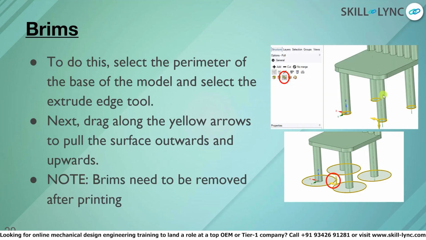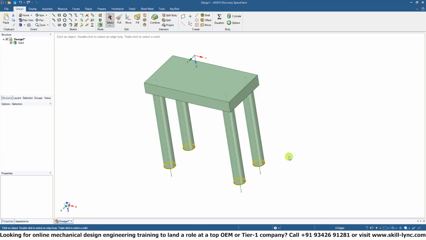So if you look over here, how we had the image of the chair, if we extend the surface area of the legs or of the feet that are in contact with the build plate, you'll have a better first layer or base layer adhesion. Where can we find this tool? As with most 3D modeling tools in Ansys SpaceClaim, it's in the Pull edit option.